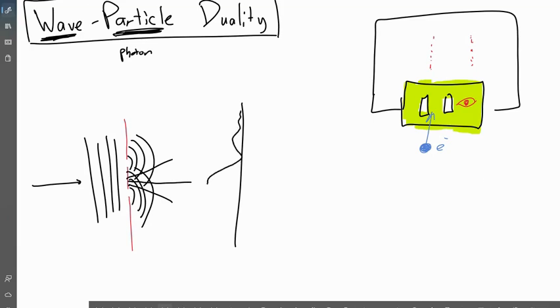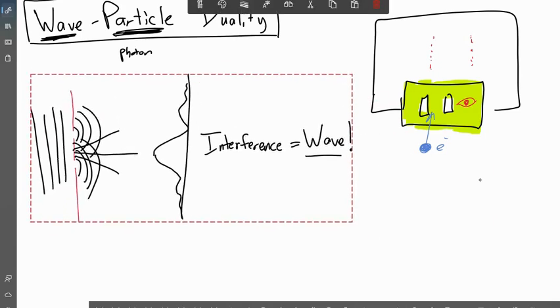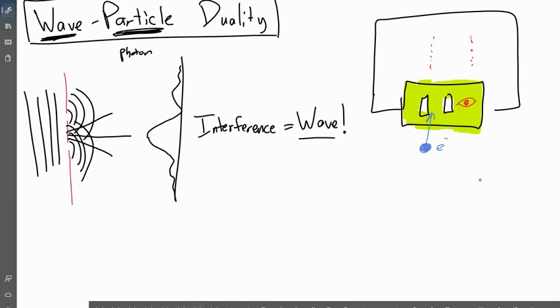So anytime we observe interference patterns, that means wave. Light is acting as a wave. I'm going to move this a little bit over so we can have more space to write some other things. Anytime we observe an interference pattern, light is acting as a wave.